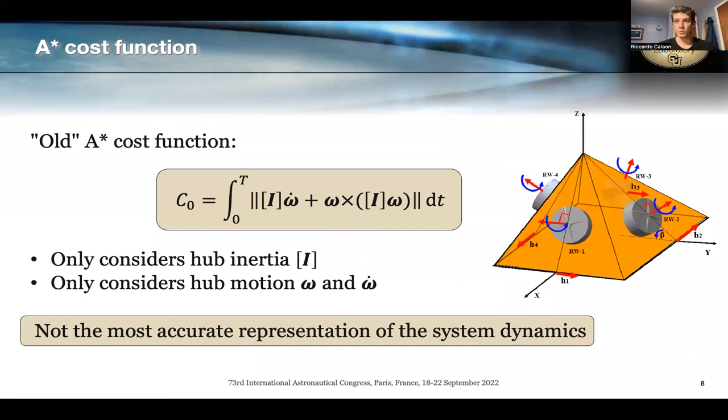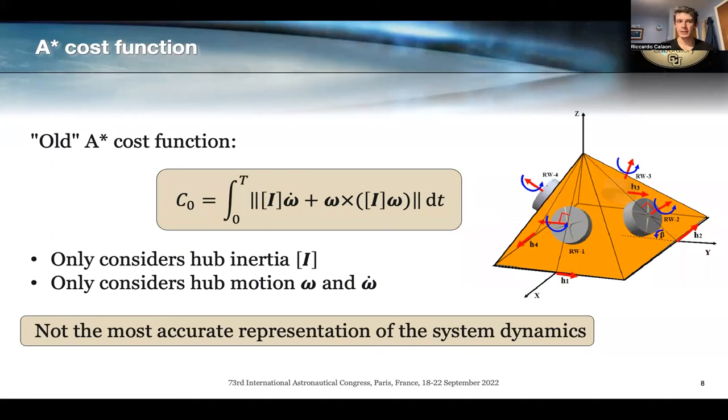In the previous work, the cost function used by the A* algorithm, here defined as C0, is an integral of the controlled torque required to actuate the spacecraft over the trajectory, or I should say the integral of the norm of the controlled torque over the whole trajectory.